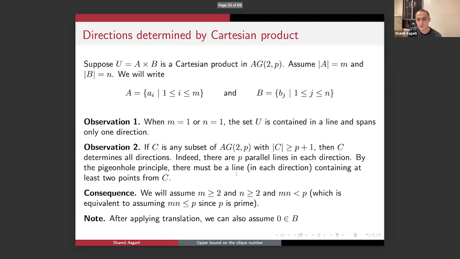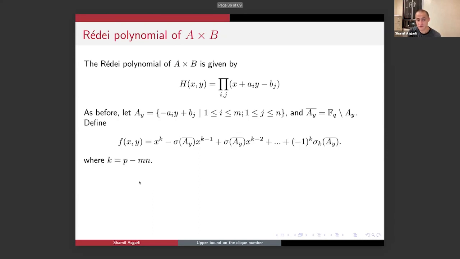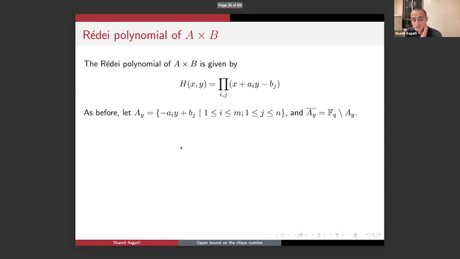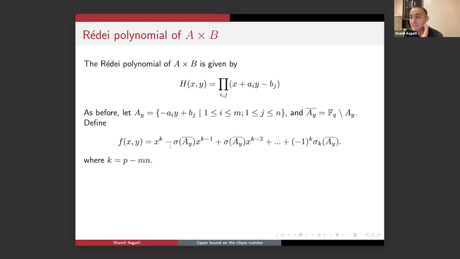So remember, we assumed that mn is less than p. That means p minus mn is a legitimate positive integer. And this polynomial is defined in this way. The coefficients depend on the set. The coefficient depends on the quantity sigma of A_y bar. And earlier I mentioned how you can define sigma_k.